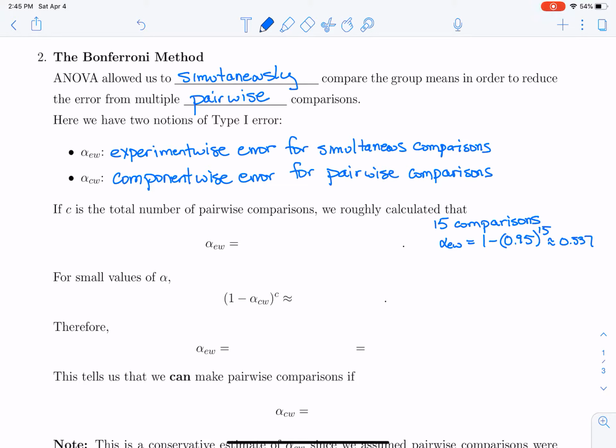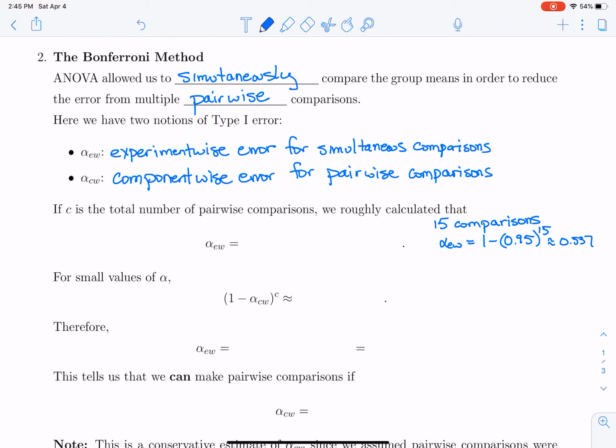And so we saw that even though we tried to restrict ourselves to only a 5% type 1 error for the component-wise error, the experiment-wise error ended up being 53.7%. So now we want to kind of generalize that.